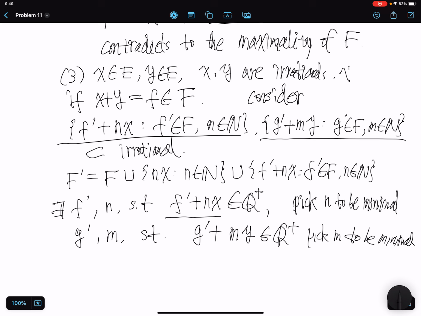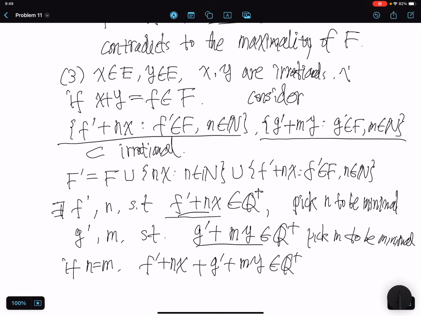So now if n equals m, what do we have? Then we have f prime plus nx plus g prime plus my is in the rationals, right? Because both of them are rational numbers, so the sum is a rational number. But if n equals m, the left hand side becomes f prime plus g prime plus n times x plus y.